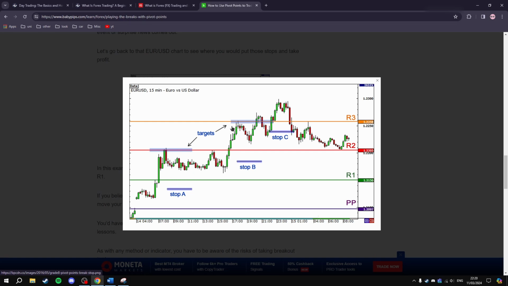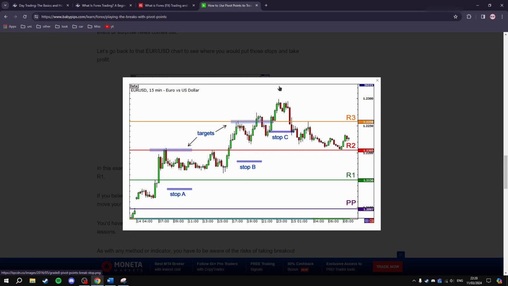The same with here, put your target at the next level, and then put your stop just a little bit below the support level, I guess, what you call it. Stop C will be here.